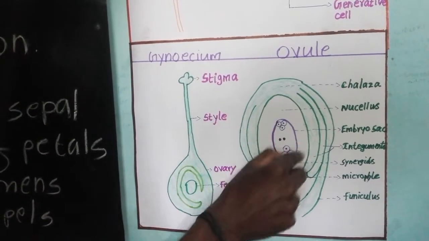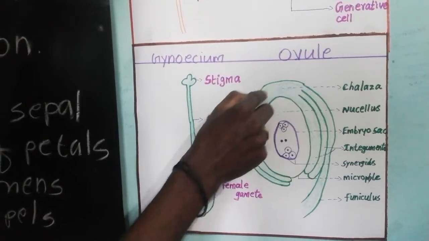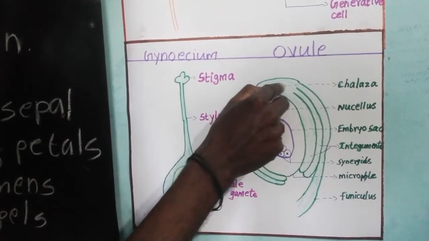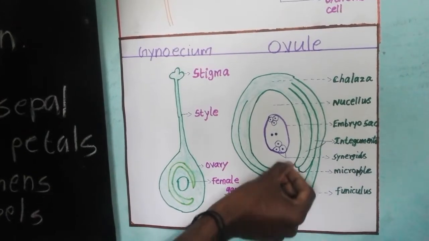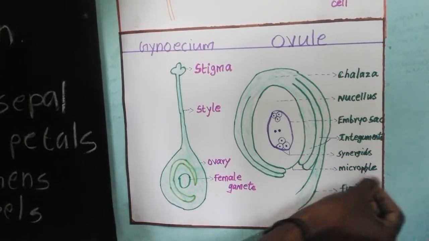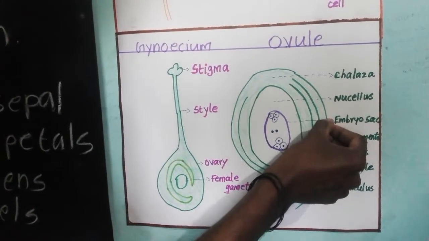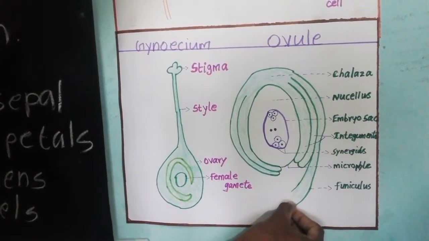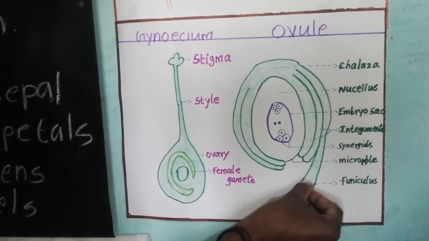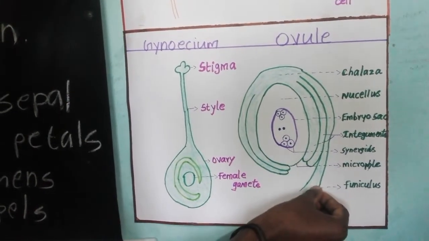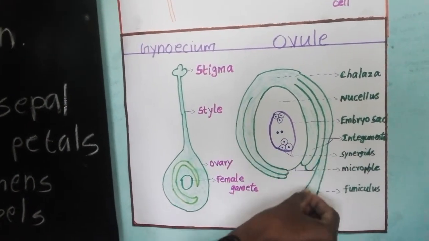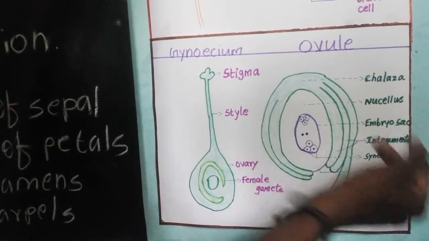Here you see a little space, the chalaza. Down below there is one opening, the micropyle. Then there is one stick-like structure, the funiculus. What is the use of the funiculus? The funiculus helps to join the ovule to the ovary.